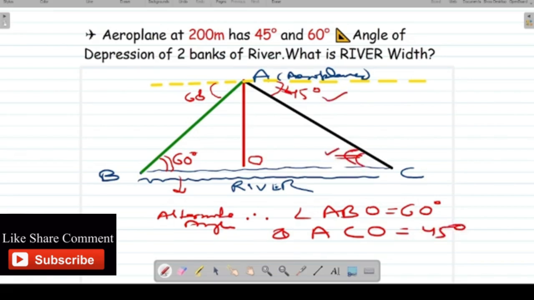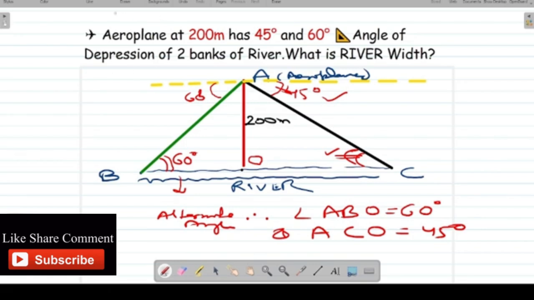Students, this is a right angle triangle because the height of the aeroplane is given as 200 meter. Height is always perpendicular from a given point. So this is 200 meter, which is the height of the aeroplane. Now, the width of the river needs to be calculated.